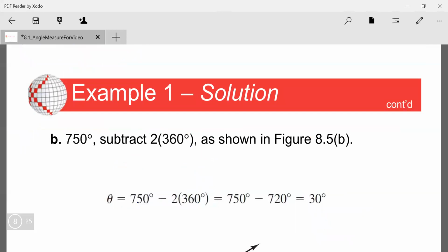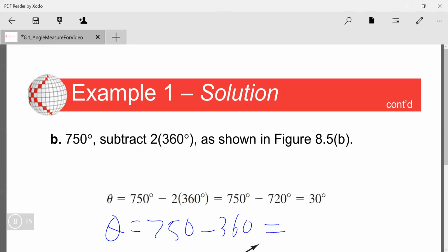Well, B here, the angle given is 750. It is certainly greater than 360. So you can start with subtracting 360, so theta equals 750 minus 360. And you will see that this is 390, and this is still greater than 360.